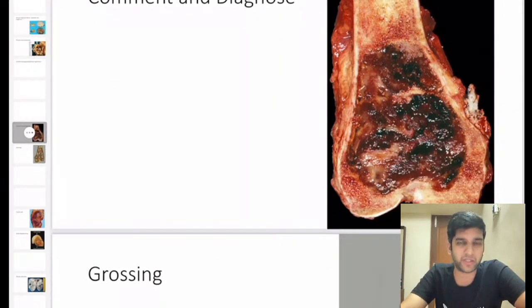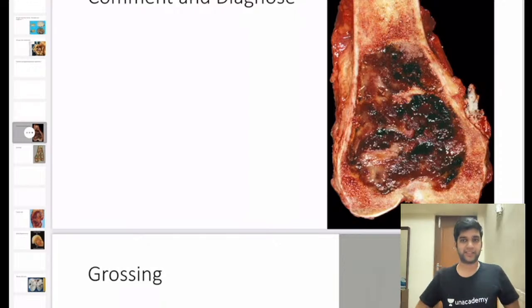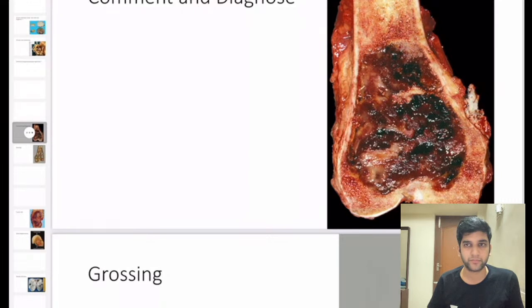I hope you won't make a mistake here. It's a cut section of a femur. You can see the condyles. Okay, the growth is in the epiphysis, metaphysis, or diaphysis. Start with simple pointers, then we'll lead to the diagnosis.